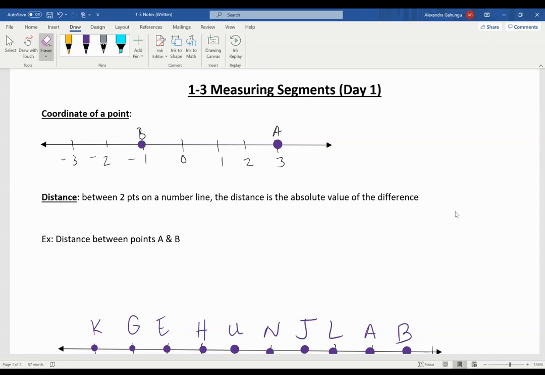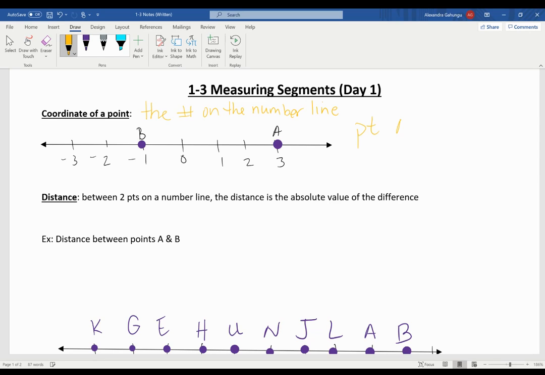Okay, so we're going to talk about section 1-3, the first part, and we're going to look at measuring segments. So we're looking at the coordinate of a point. If we have points A and B here, the coordinates are going to be the numbers on the number line corresponding to where the point is.